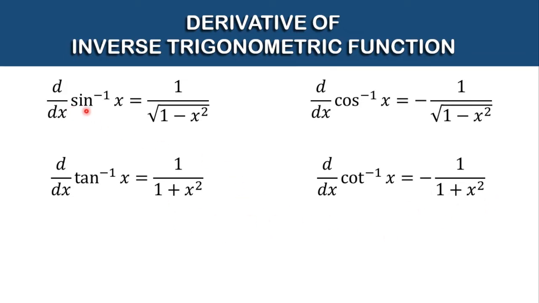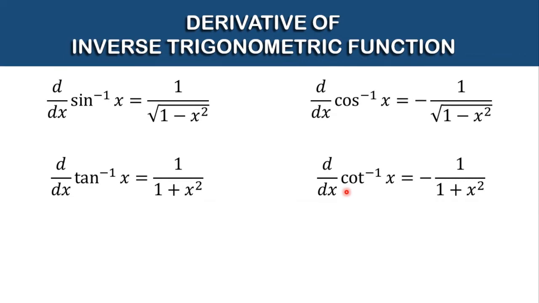Kagaya nung sa arcsine at sa arccosine, magkatulad yung derivative nila, ang magkaiba lang ay yung sign. Positive sa arctangent, negative sa arccotangent. And dito yung values naman ng x natin is the set of all real numbers. Wala tayong restriction sa value ng x for arctangent and arccotangent.